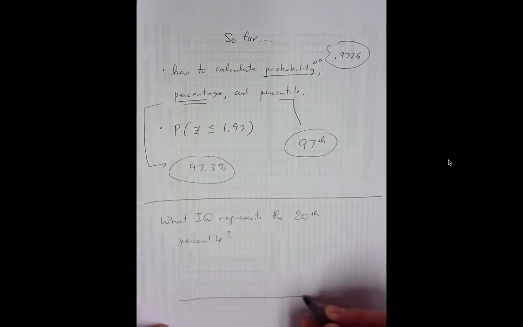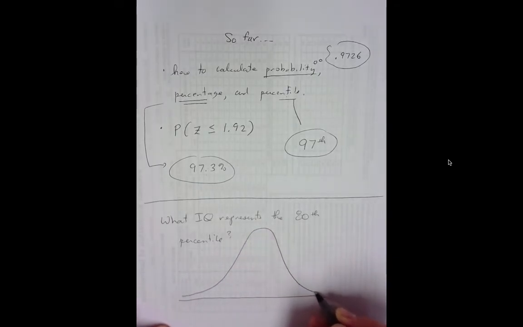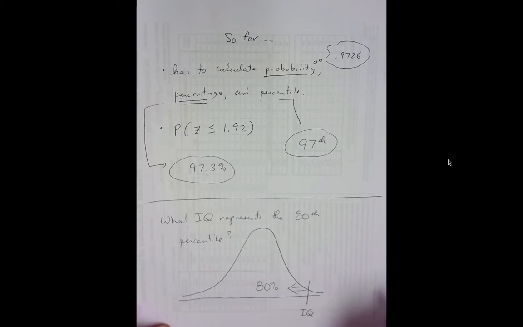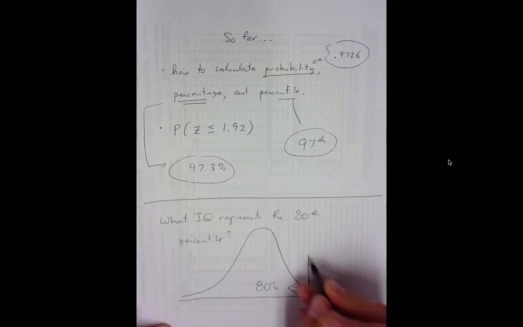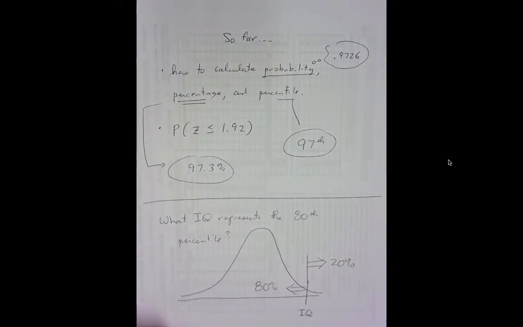So in other words, in the distribution of IQs, there is some IQ that has 80% of the IQs below it, and 20% of the IQs above it.